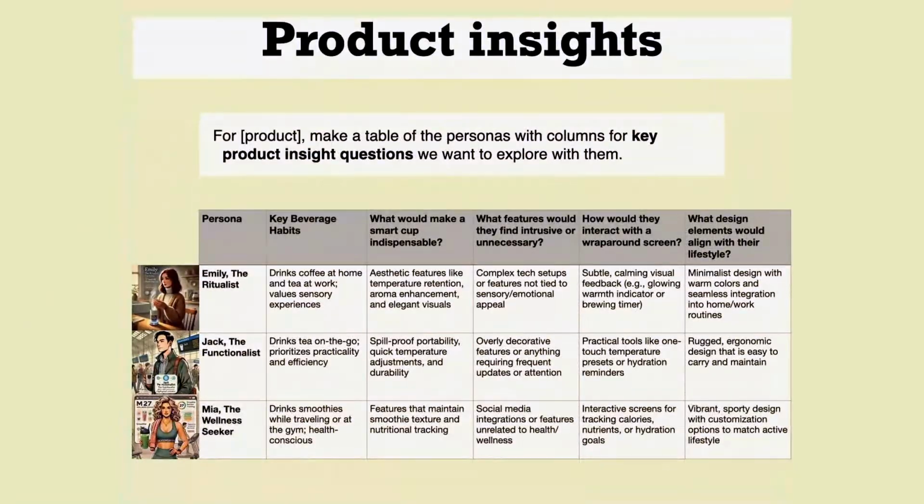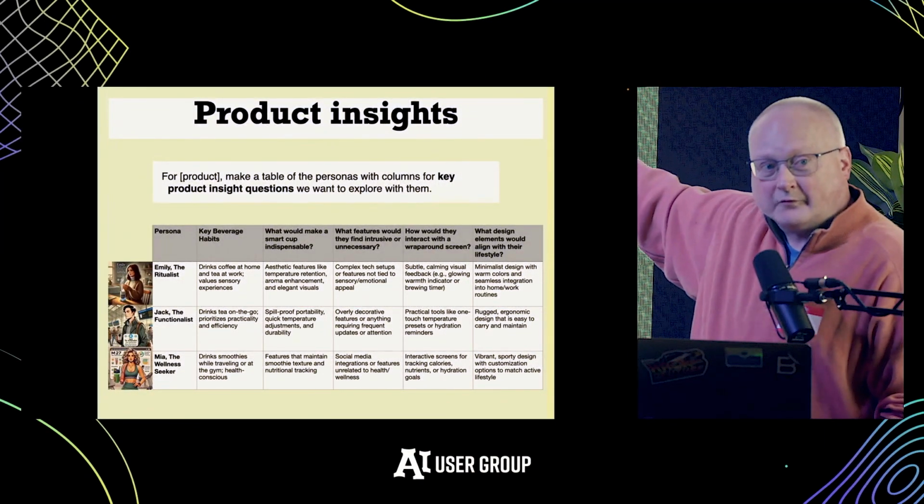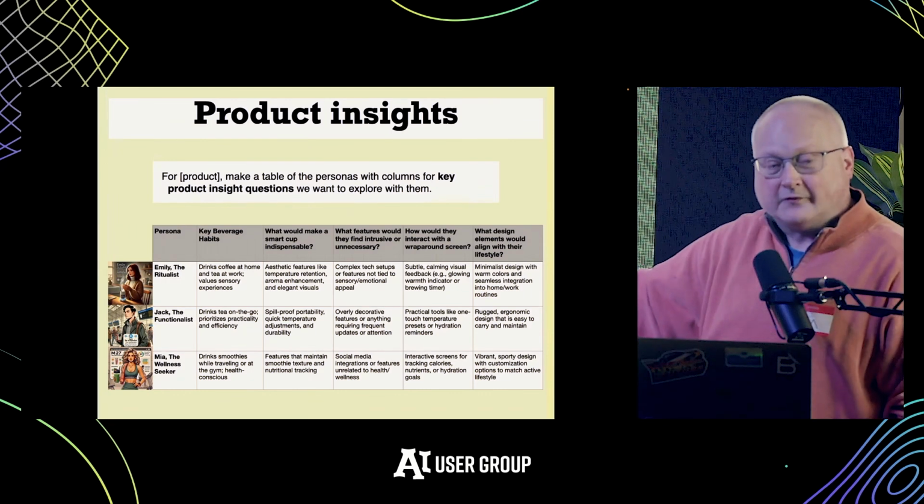So you can go to the next step and say, make a table of the personas with key product insight questions. Across the top, it's listing product insight questions. It made them up. It knows what the product is that I'm talking about, and it knows what the personas are, and it just says these are some top product insight questions we'd ask them, and then those are the answers they gave.